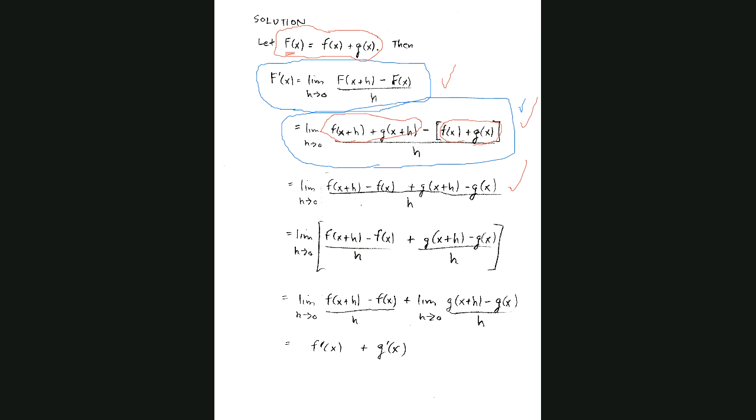And I can split the fraction up into the sum of these two fractions here. And then the limit of the sum is the sum of the limits. Let me give you a moment to catch up here, but hopefully the steps seem intuitive.